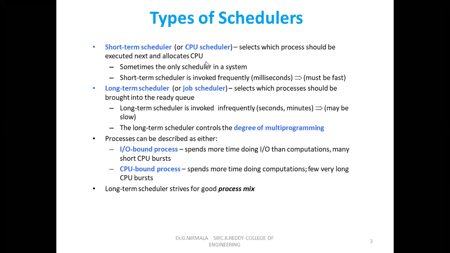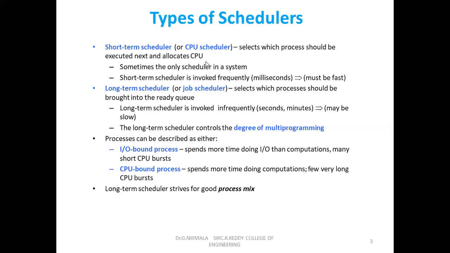For example, in the ready queue there are P1, P2, P3, P4. By applying some scheduling policy or algorithm, based upon that algorithm you execute P1 first, followed by P2, P3, P4, in some order. Likewise, the short-term scheduler selects the process and allocates it to the CPU.